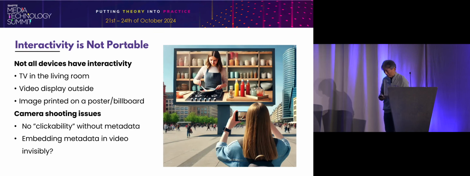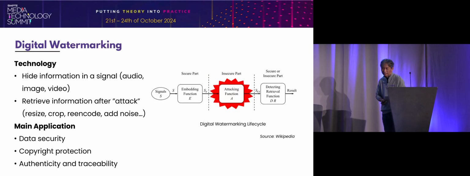So what can we do about it? Here comes digital watermarking technology. This is basically a technology to hide information in a signal. It could be audio, image, or video. And you can retrieve the hidden information after the signal is attacked.